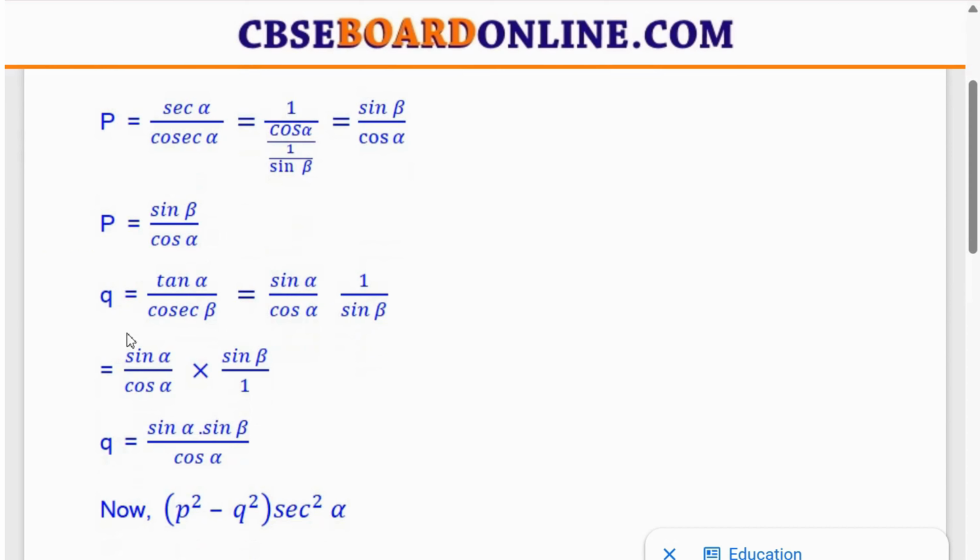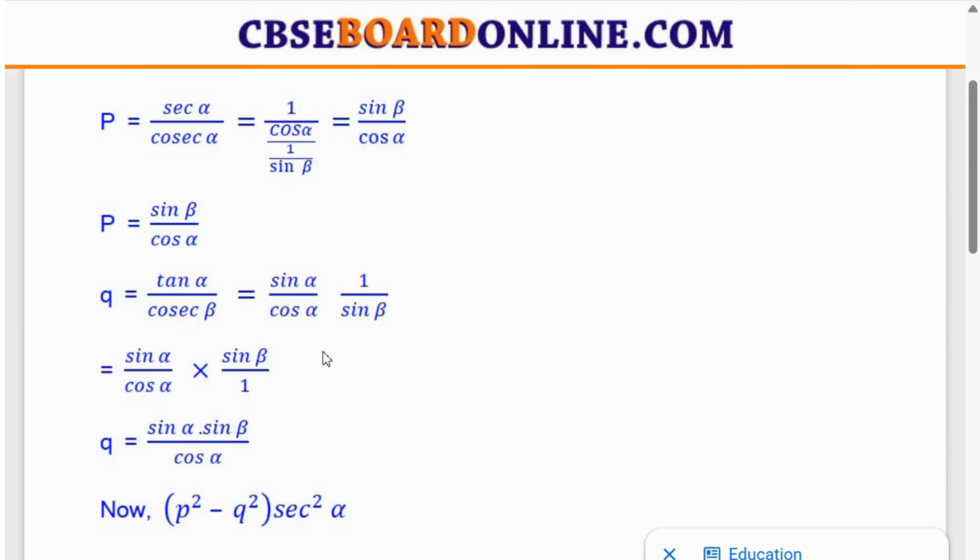Now coming to the Q part, we have tan alpha and cosec beta. So the value of tan alpha is going to be what? The value of tan is sine alpha upon cos alpha, and again divided by what? Cosec beta is 1 upon sine beta.